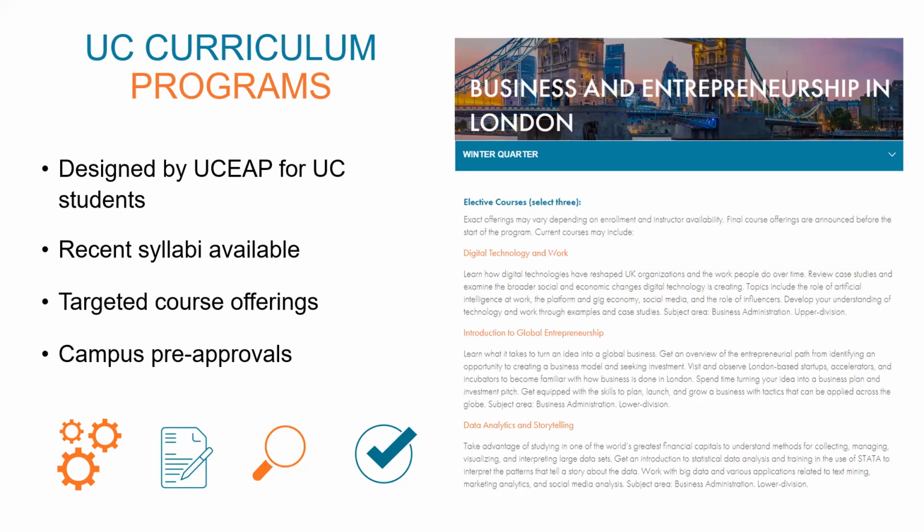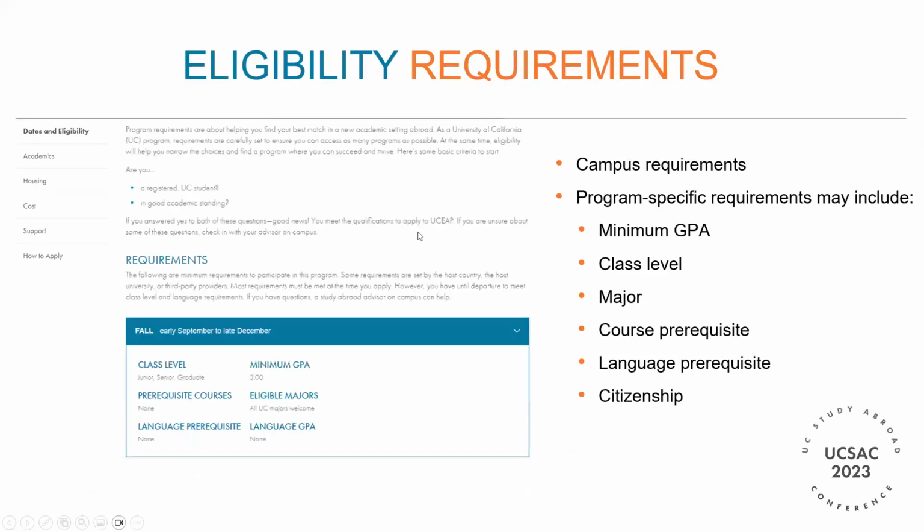But what those credits count towards will be determined by the college or departmental office at the home UC campus after a student returns. Now I'll turn it back over to Ashley to take us through some eligibility requirements.